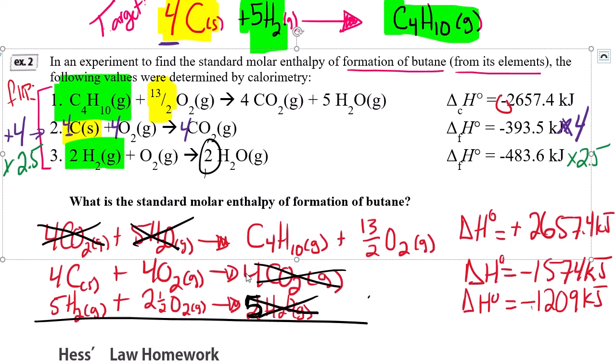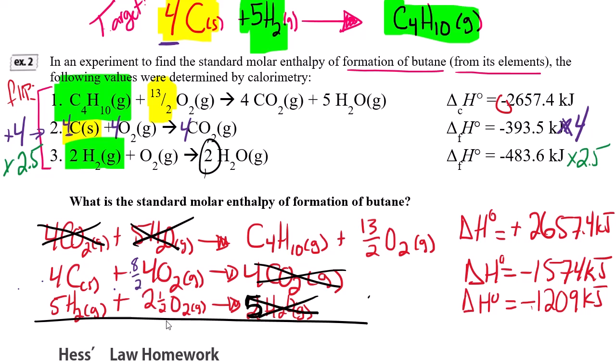Or I can compare the fractions, but I just need a common denominator, right? 4 is the same as 8 halves. And 2, well, that would be the same as 4 halves plus another 1 half. So 8, 12, 13 halves would cancel out here.